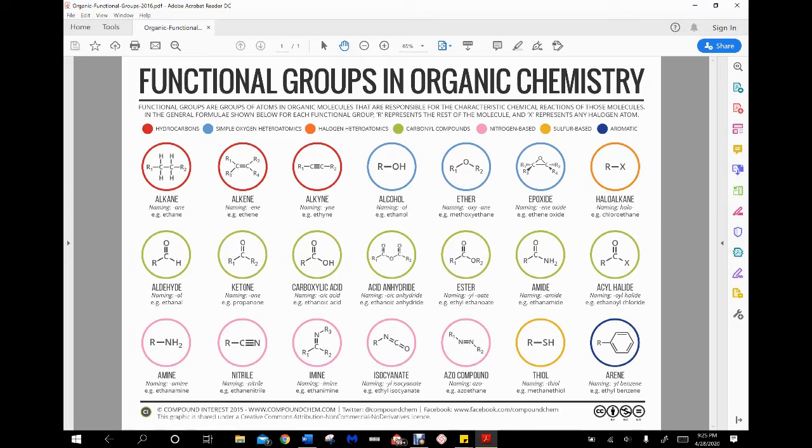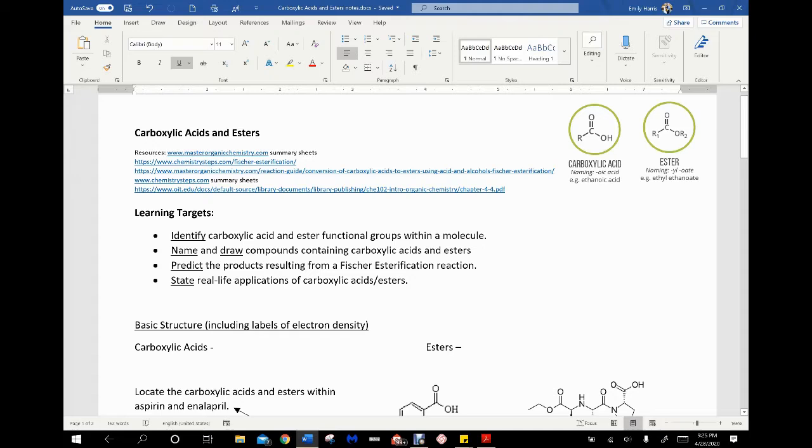However, what we're also going to see is there's going to be a second oxygen incorporated as well. For the carboxylic acid, that oxygen will be attached to a hydrogen. For the ester, that oxygen is going to be connected to another part of the molecule, kind of similar to an ether. You'll notice these two are kind of stacked on top of each other in our chart. So, without further ado, let's head on over to the notes.